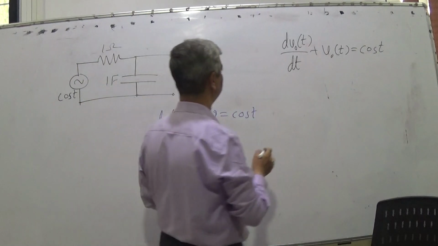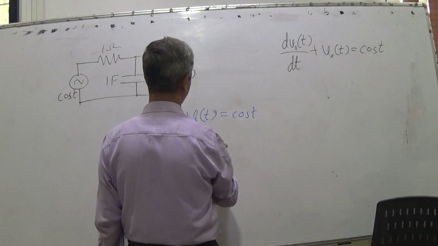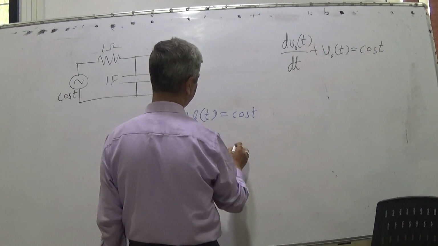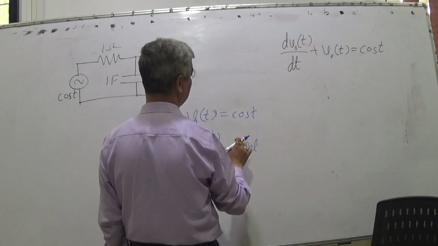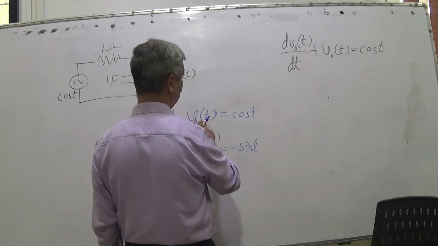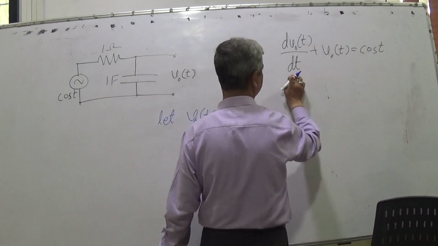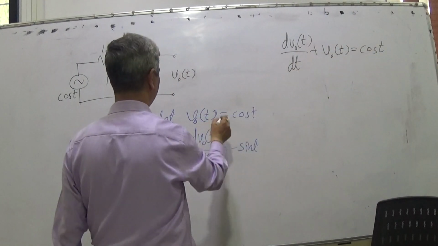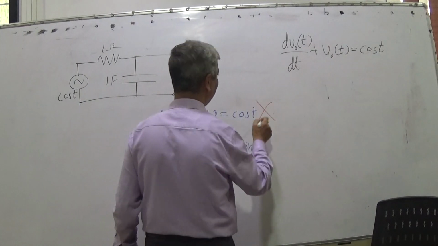So if v of t is cos t, what is dv by dt? In that case, dv by dt is minus sin t. So the left hand side is cos t minus sin t, and the RHS is cos t. So this is not a solution. Is it clear?